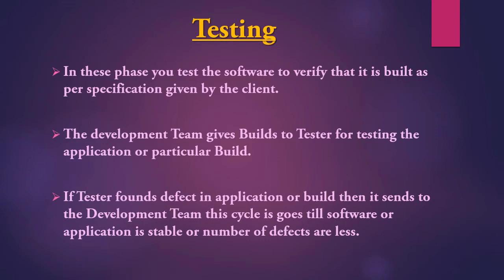This cycle goes on till the software is stable or the number of defects is low. If the tester finds a defect, the tester makes a defect report and sends it to the developer team. Then the developer team checks and fixes that defect, and in the next build they give the corrected version to the tester team.